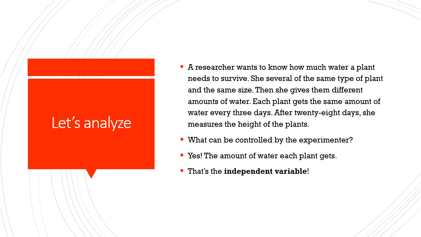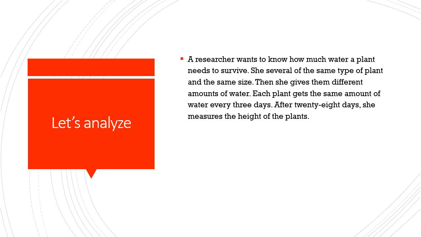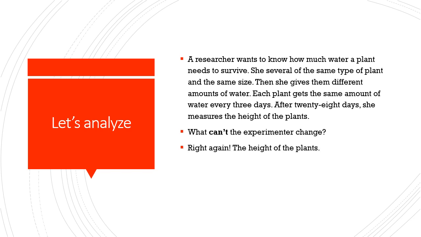That's the independent variable. Okay, so looking at that same situation, what can't the experimenter change? I think you're going to get it. Right again, the height of the plants. So guess what? That is the dependent variable.